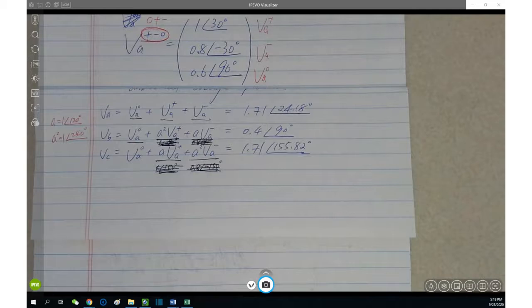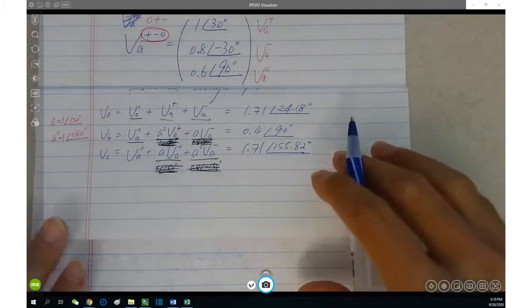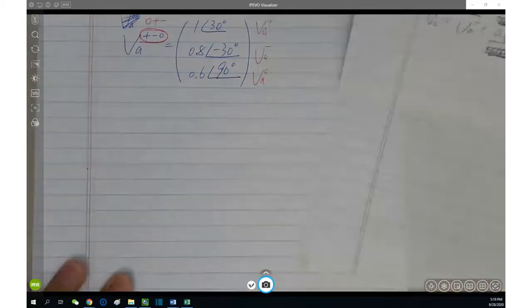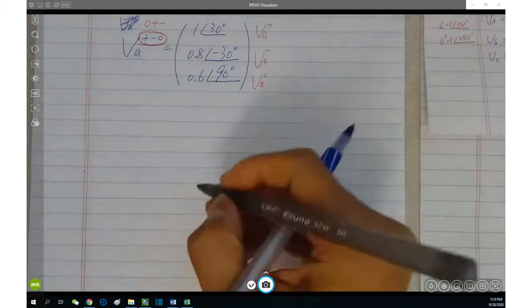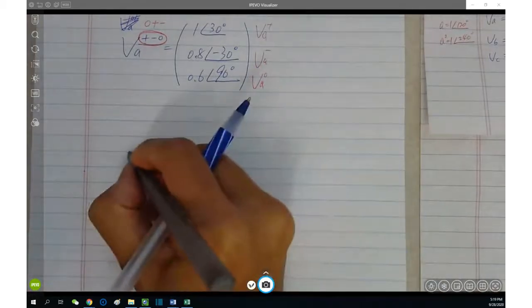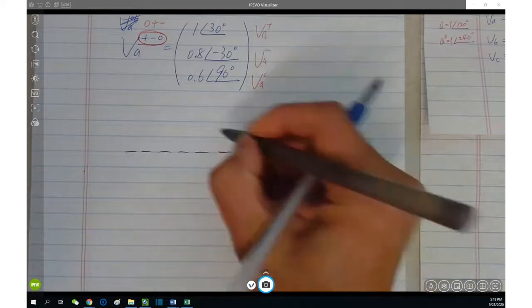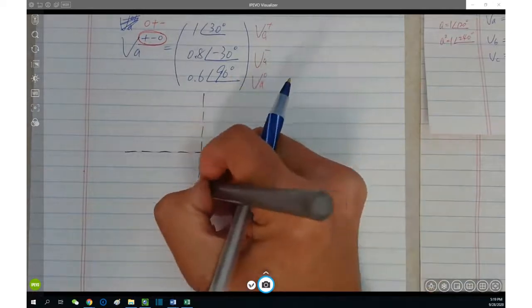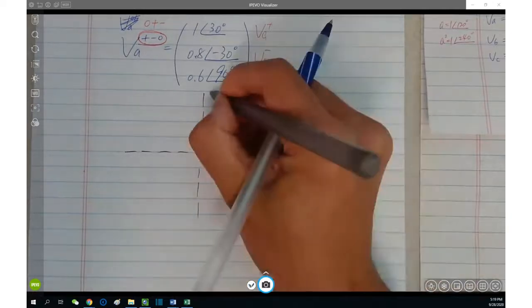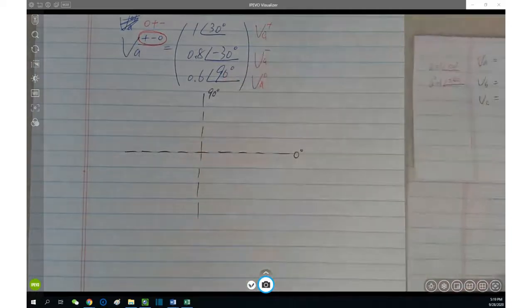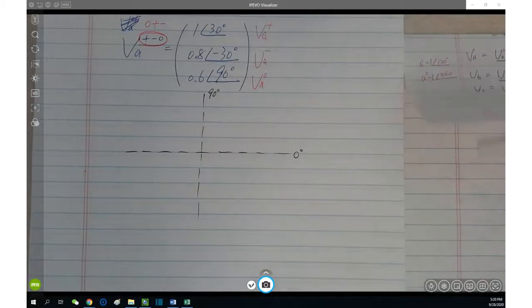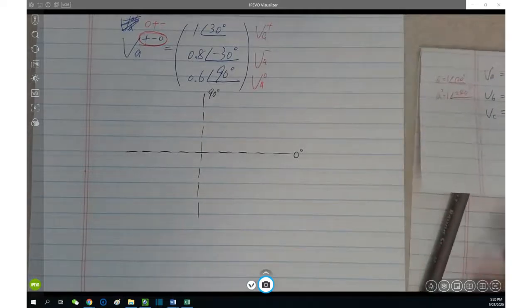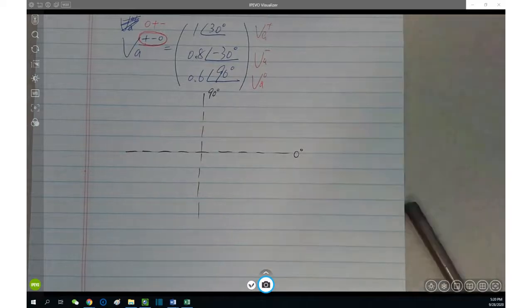All right, good. If this is fine, then let's see the graph. Zero degree, 90 degree here. And then we begin with the longest one.